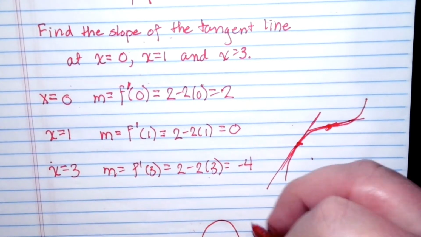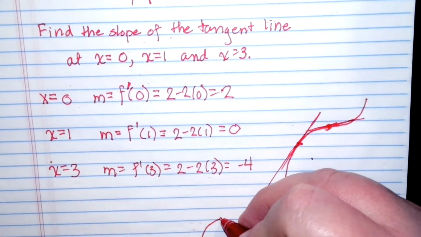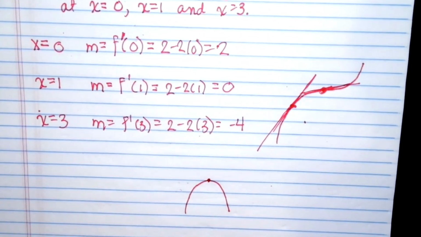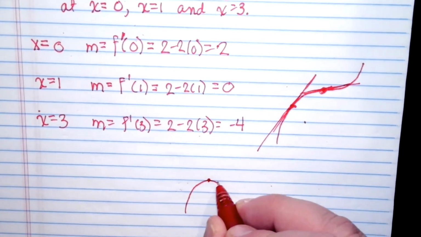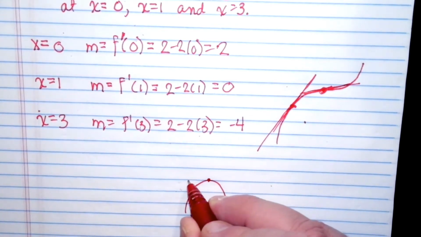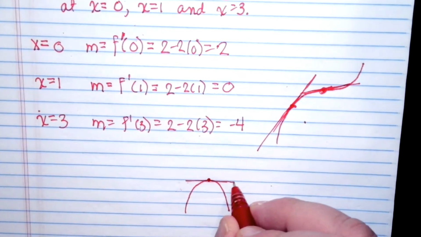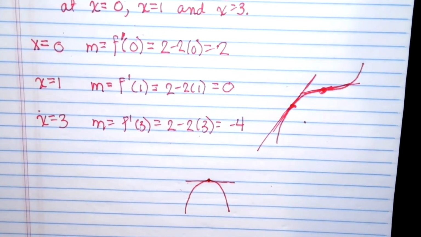If you've got a curve like this, and you're at the very top, sort of like the top of a hill, then the direction may be kind of horizontal like that.